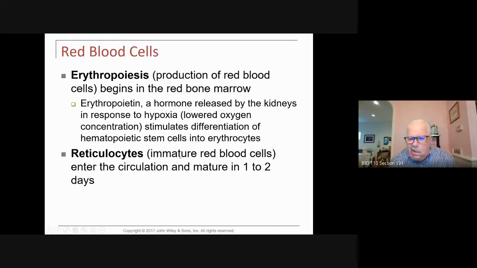Remember, these are immature red blood cells. They have a nucleus. They will enter the circulation. The normal reticulocyte count is below 1%. When you see in a blood smear 6, 7, 8, 9, 10% reticulocytes, you know that person is dealing with hypoxia. So the reticulocytes will appear in your blood stream. Make sense?